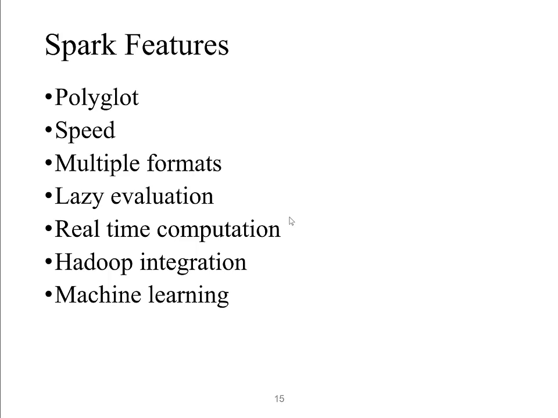And multiple formats. Spark supports multiple data sources such as JSON, Hive, Cassandra. These data formats are different from usual formats such as text files or CSV or tables in a DBMS. And the data source API provides a pluggable mechanism for accessing structured data through Spark SQL.